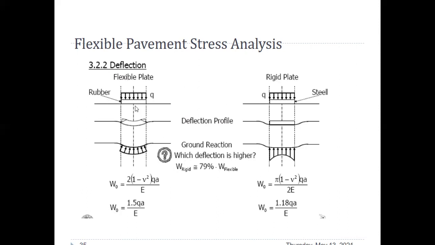I am saying that if you have a tire that is flexible rubber and it is based on rubber, obviously the deflection will be less. And if the tire is being loaded on a steel plate, the deflection will be different. So that's why the type of the pavement will have different responses.